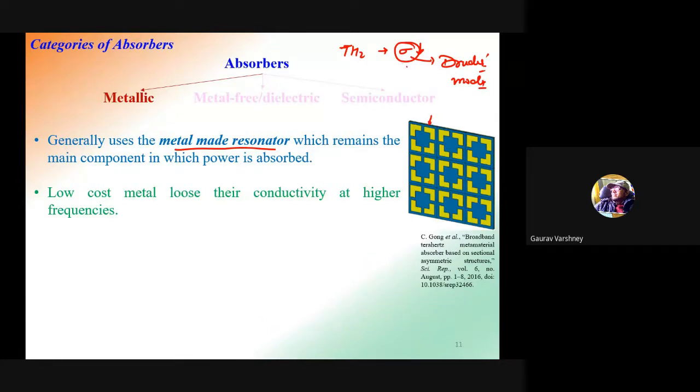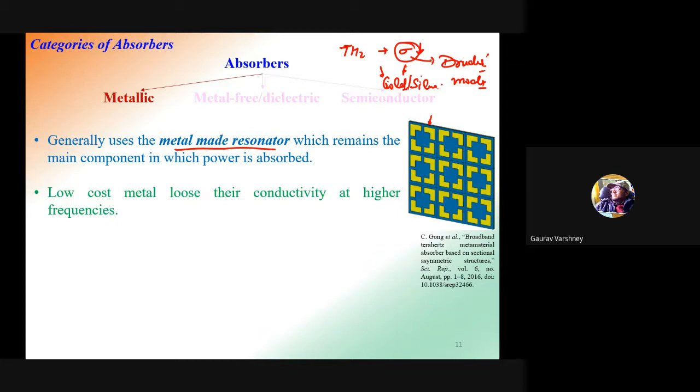But if we utilize noble metals like gold and silver, then conductivity may somehow be retained. But you can understand the problem associated with gold and silver: the application cost is very high, and the cost of these materials is very high.